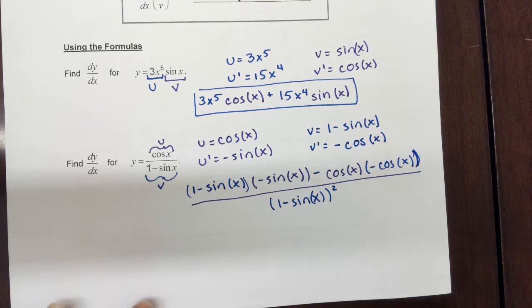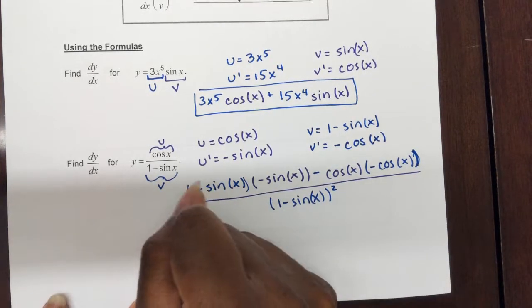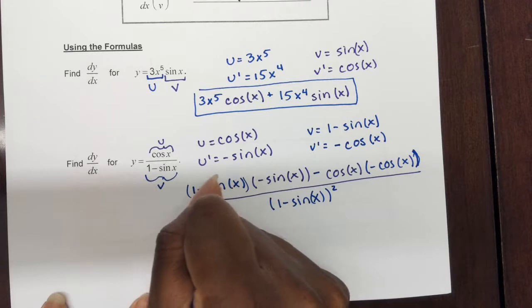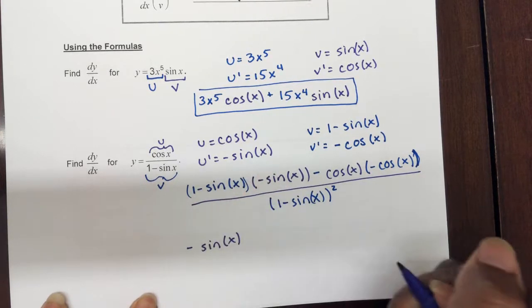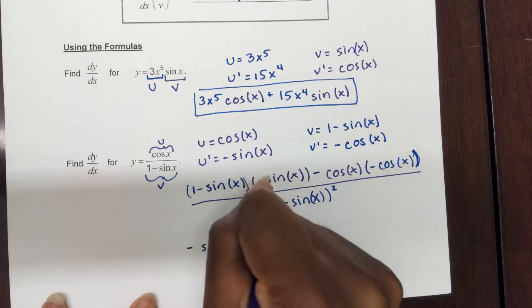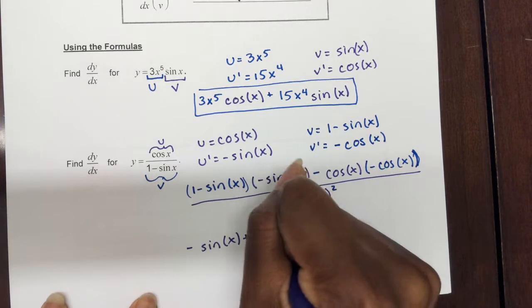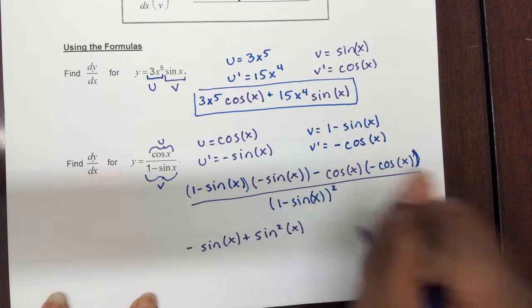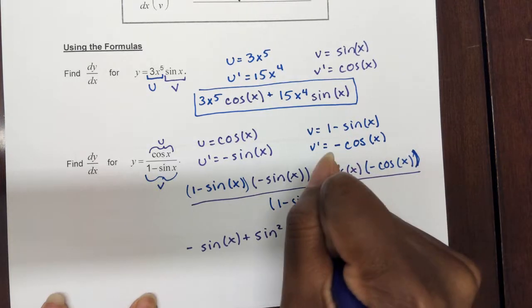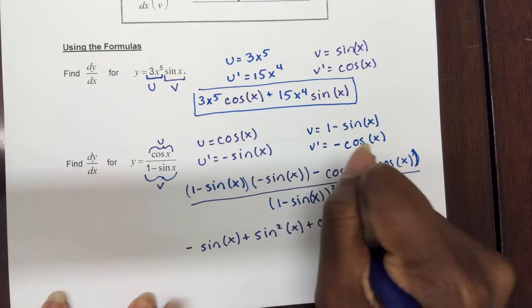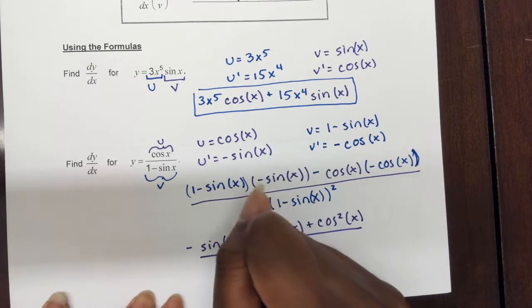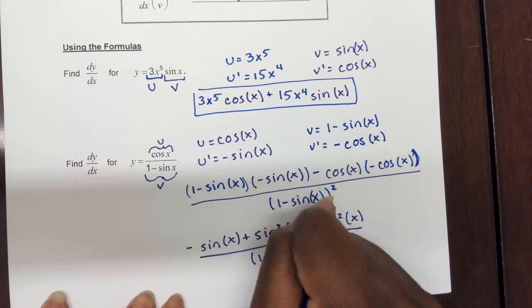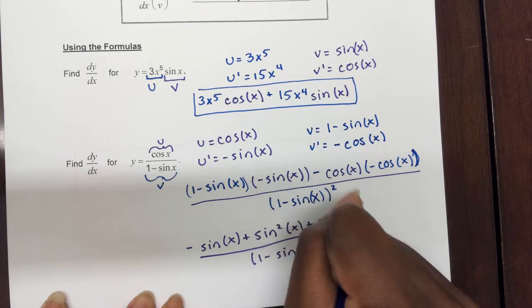So we could multiply this out. We would get negative sine x plus sine squared x plus cosine squared x all over 1 minus sine x squared.